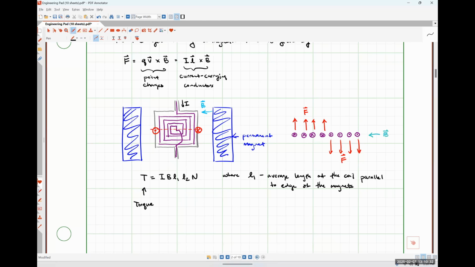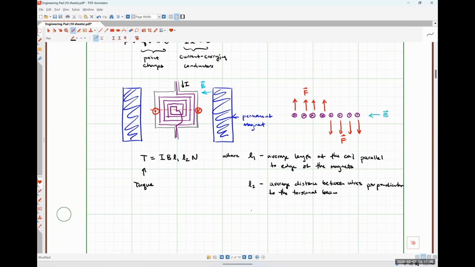And L2 is the average distance between the wires perpendicular to the torsional beam direction.